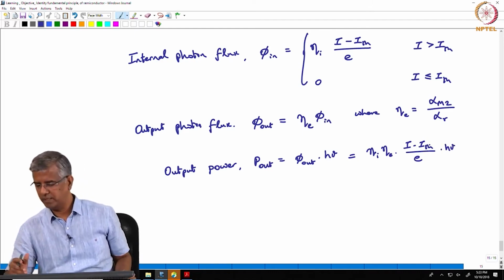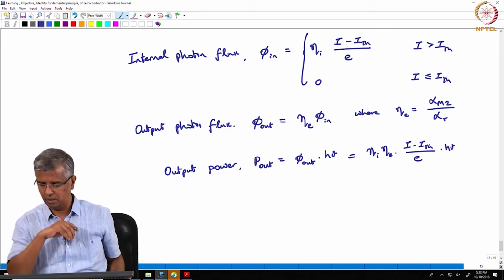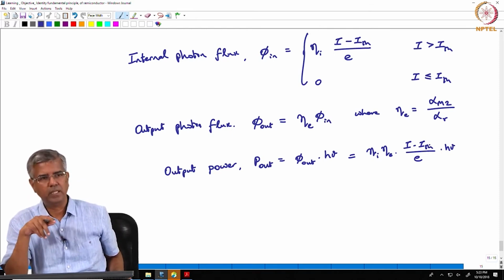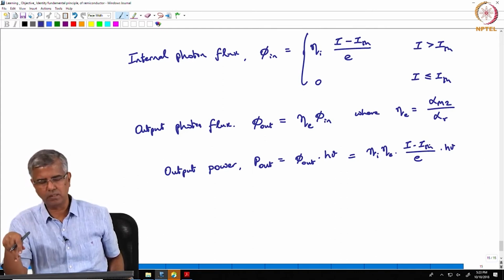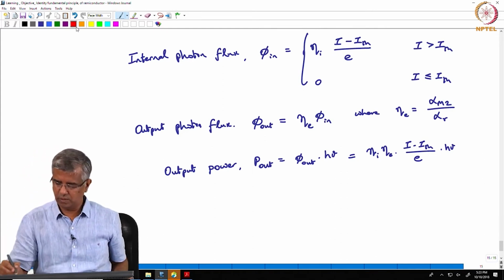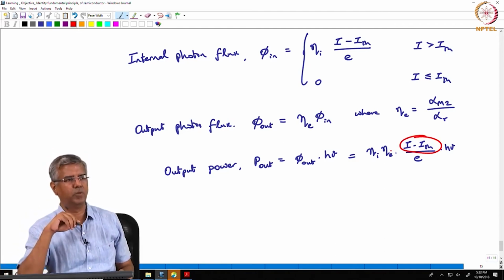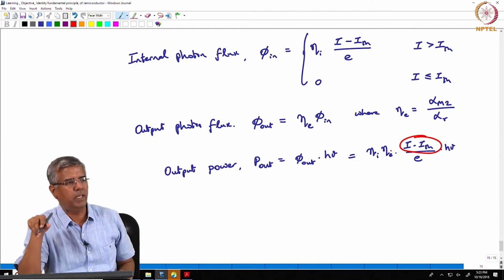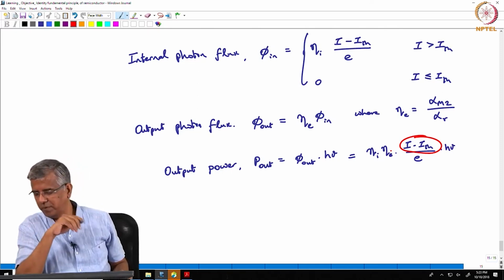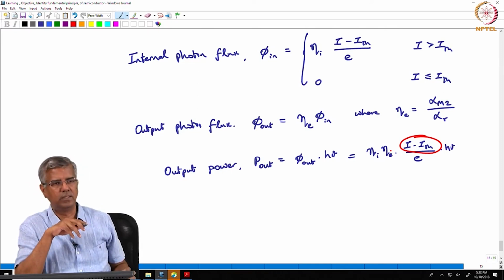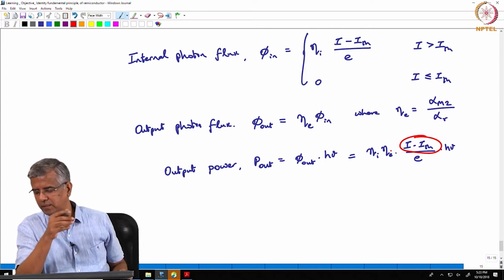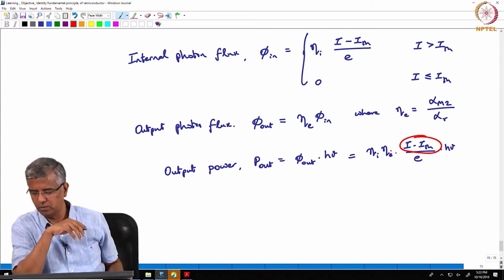So, you can track this, right, just like we did previously. The only thing that has changed with respect to the LED is this factor. Before we were just saying I over E, the rate at which we were injecting current. So, not all that injected current gives rise to laser emission.